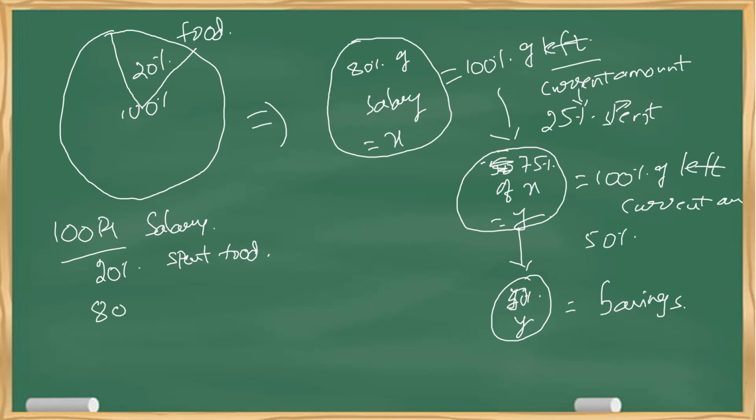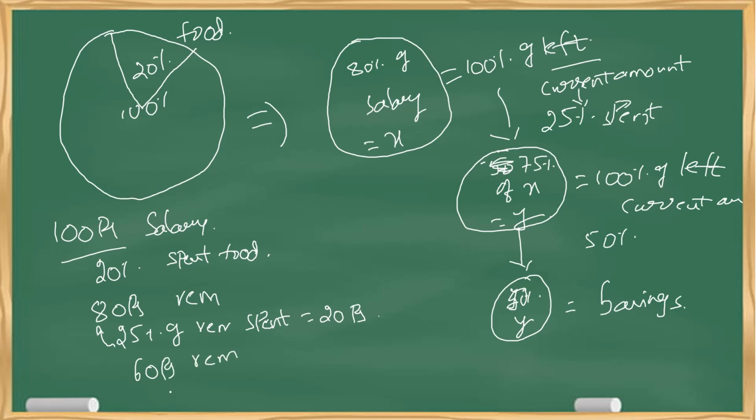So 80 rupees is remaining. And how much are you spending the second time? 25% of remaining spent. That is equal to 20 rupees. How did you get this 20 rupees? 25% of 80 is 20 rupees only. So 60 rupees is left.